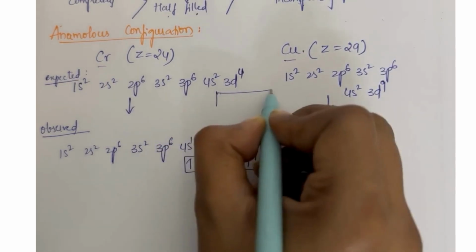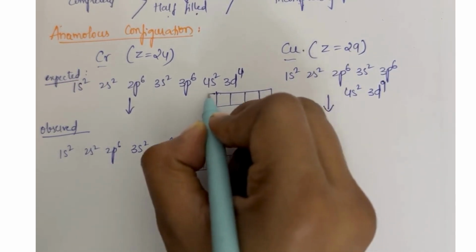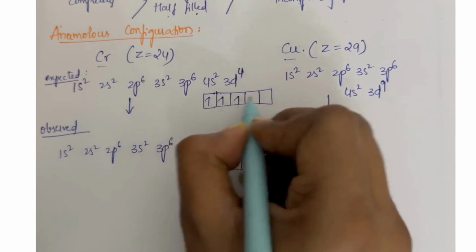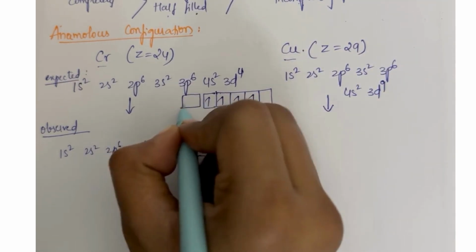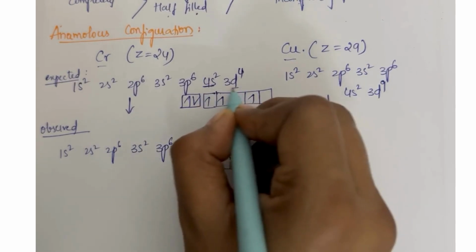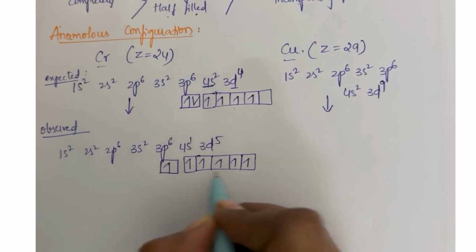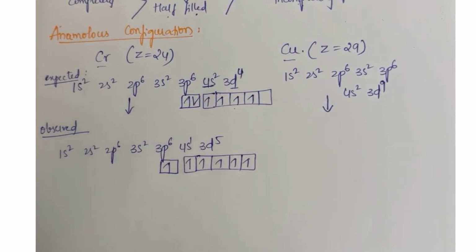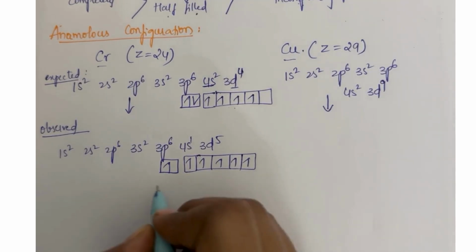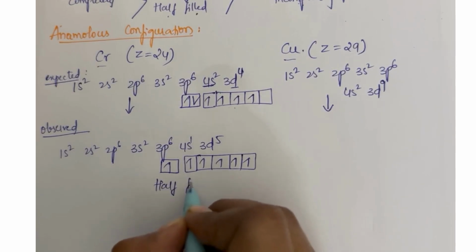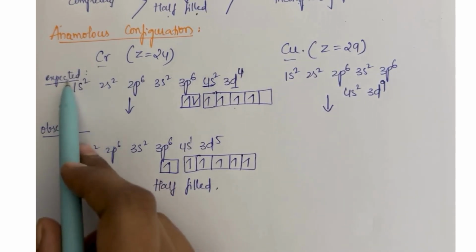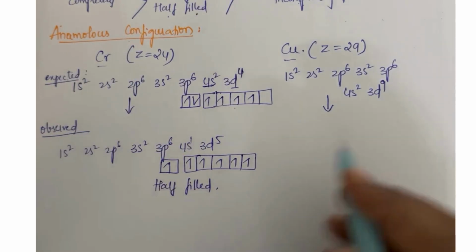Here it was an incompletely filled configuration: 4s is paired and 3d is unpaired, but now 4s and 3d all have unpaired electrons. Such a configuration is called a half filled configuration, which deviates from the expected, so it comes under anomalous configuration.